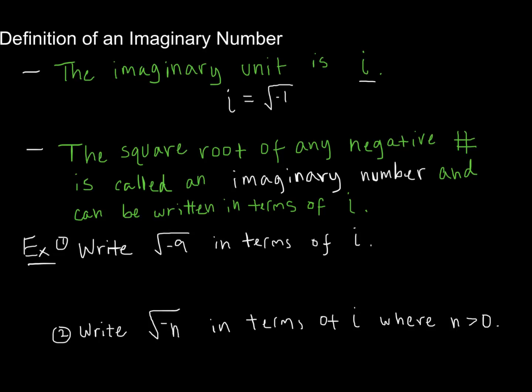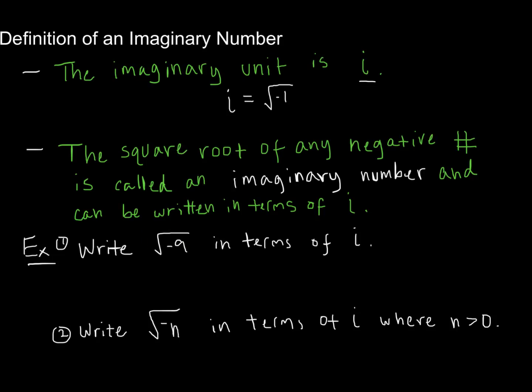Okay, so first what we want to do is we want to write the square root of negative 9 in terms of i. Now, think about what you would do to write the number 9, the real number 9, in terms of 1. Well, you would write 9 times 1, okay? And essentially, what we're going to end up with is the same idea here, except instead of using 1 in the real numbers, we use i in the imaginary numbers, and this is an imaginary number.